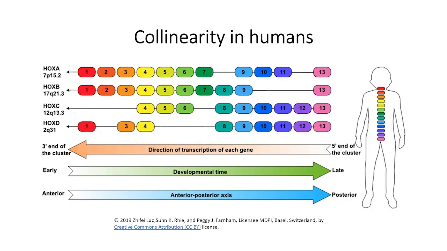Shown on the right is a schematic indicating the relative positions of the human body at which the HOX paralogs are expressed during development.